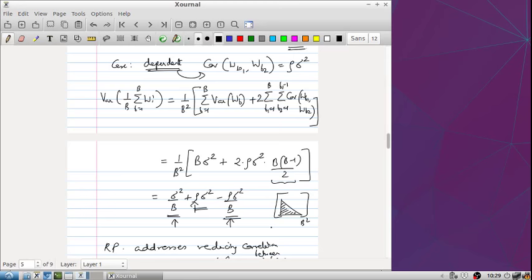So we want to somehow get rid of this rho. So we want to directly attack this rho. But when we are attacking the rho, we don't know what's going to happen with the variance of the predictor. But hopefully it doesn't increase.